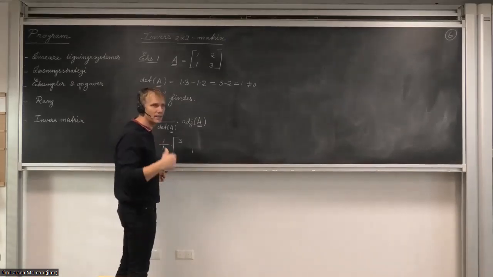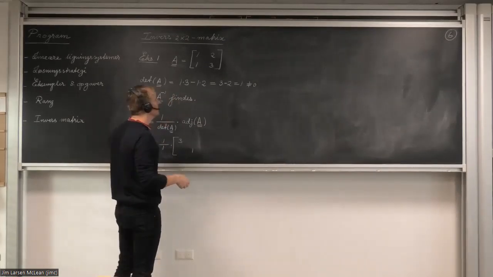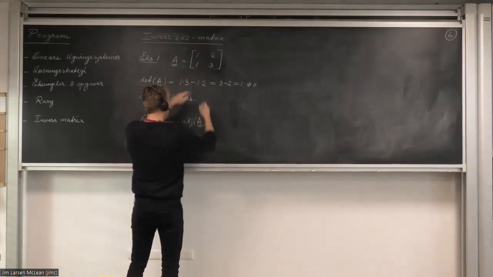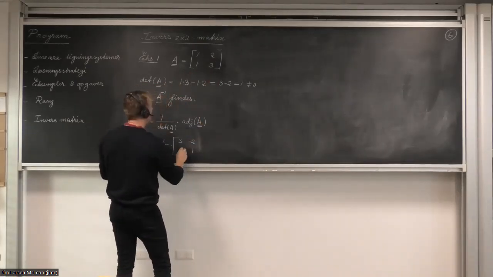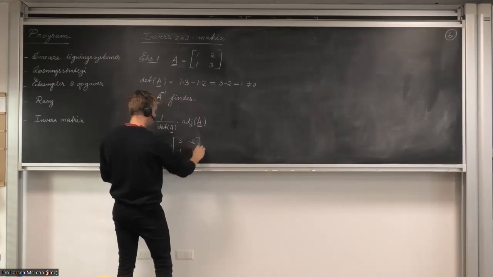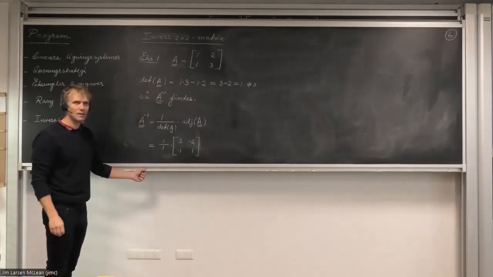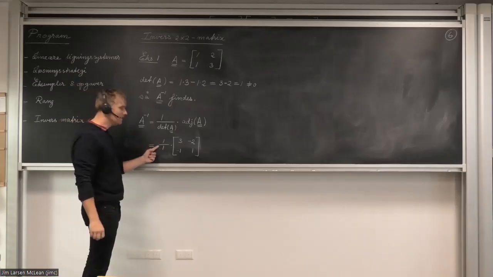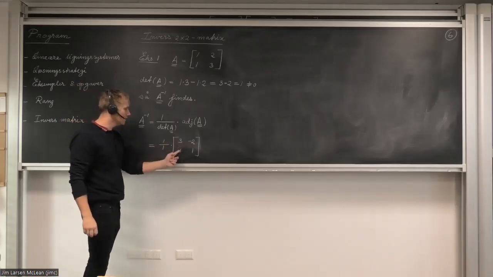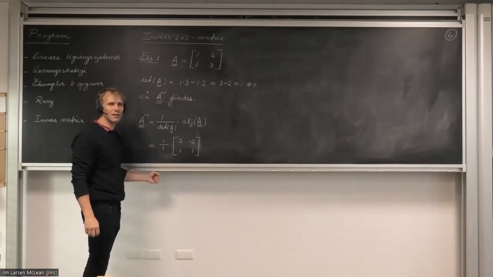So in a moment, we'll go out and practice it and say it. And then we change the signs of the elements outside the diagonal. -2, -1. This gives 1, and it should be multiplied across all elements in our matrix. It doesn't change them, because multiplying by 1 is neutral.